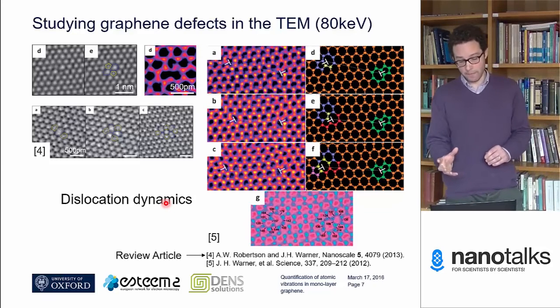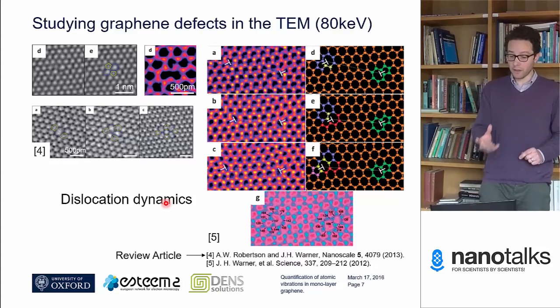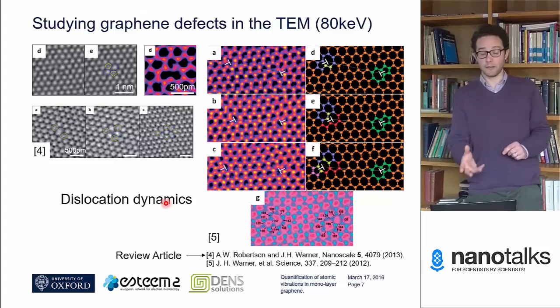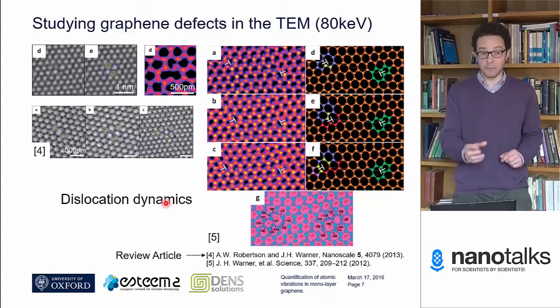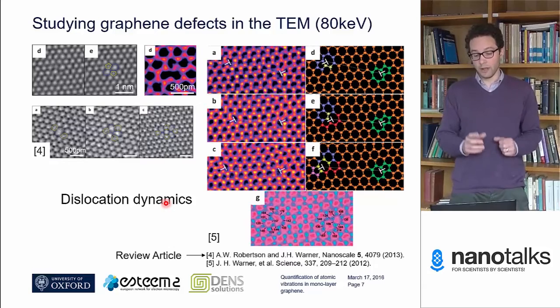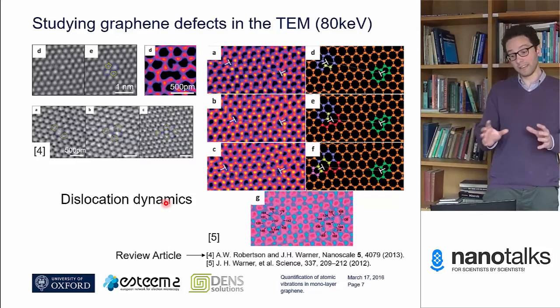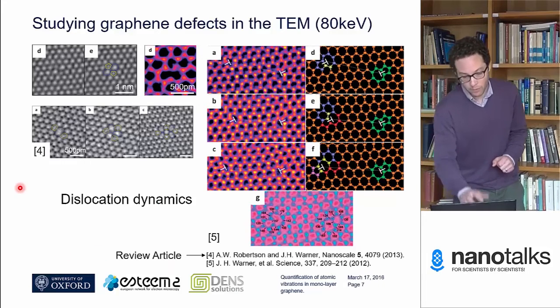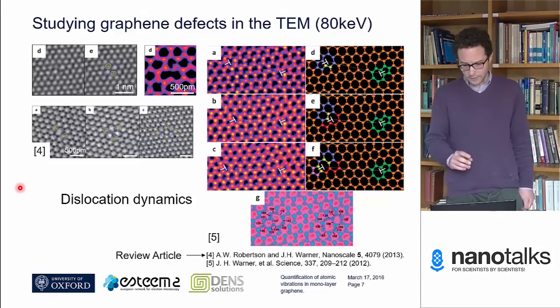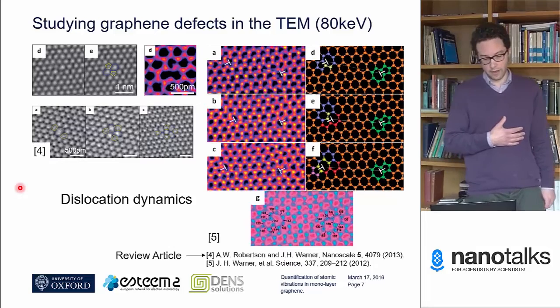Of course, it's very likely the majority of the dynamics is going on at very fast speeds and very short length scales, and obviously inside the TEM we can't capture those sorts of dynamics. So it's somewhat surprising that we can see any at all, but we certainly can, and there's a reasonable amount we've published in the literature on the dynamics of defects.